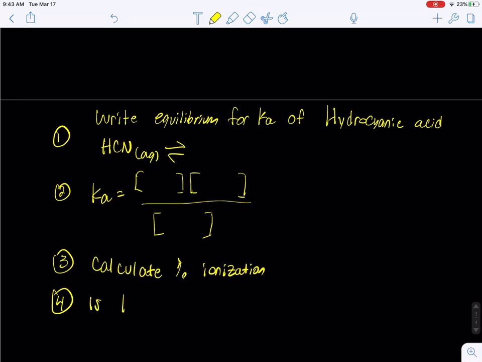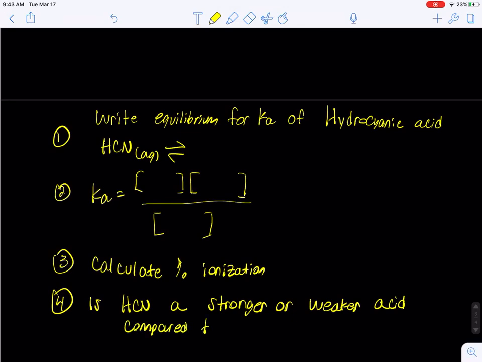Is HCN a stronger or weaker acid compared to lactic acid? Okay, and you'll enter these into your worksheet.